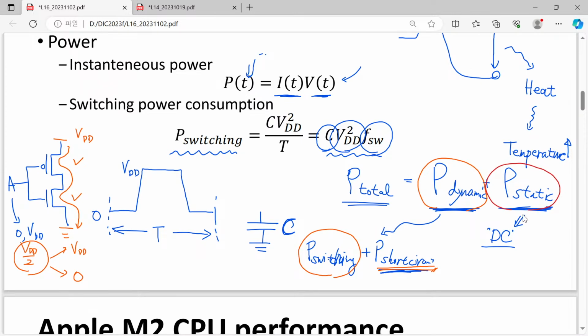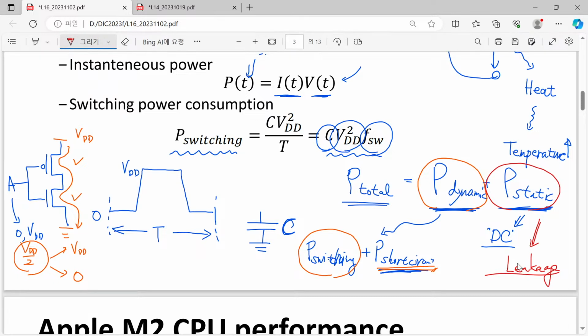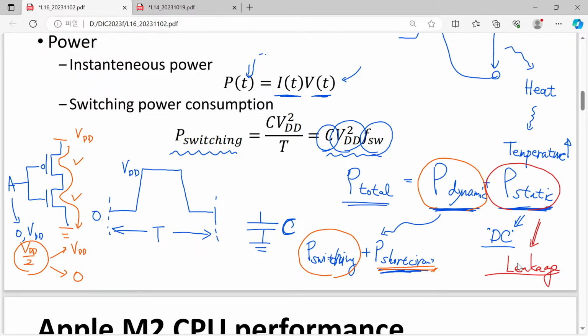As you can expect, static power consumption is all related to leakage current, and leakage current is not that controllable by design. Leakage current is more or less technology dependent, but anyway, we will study how we can consider this static power consumption.